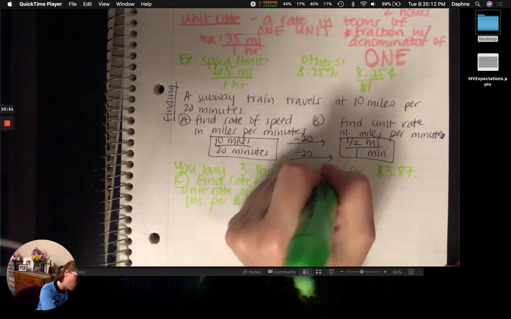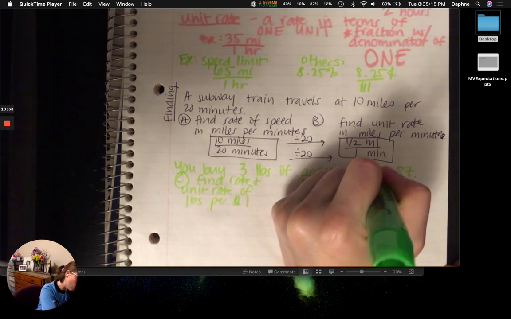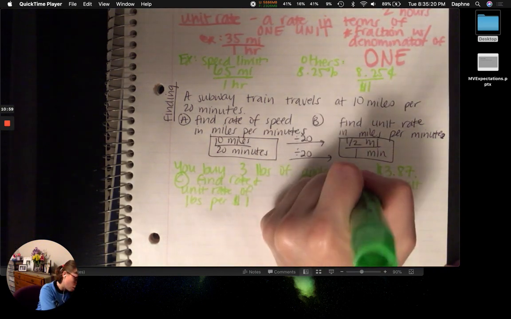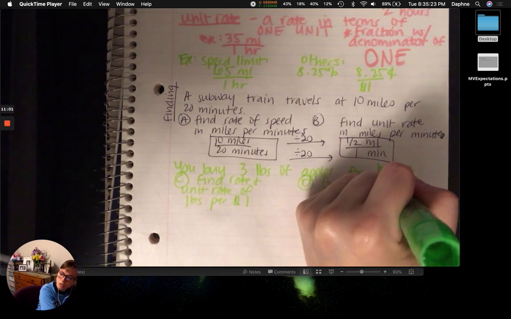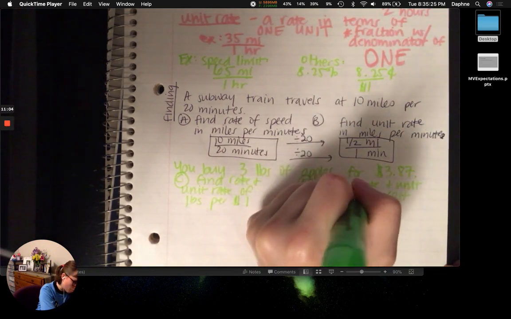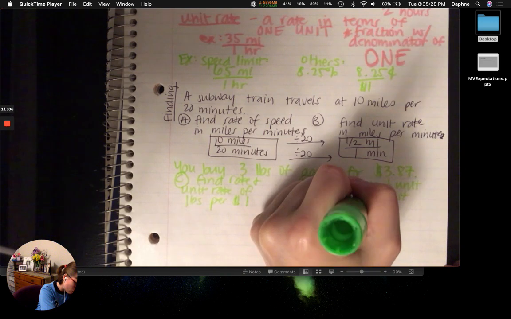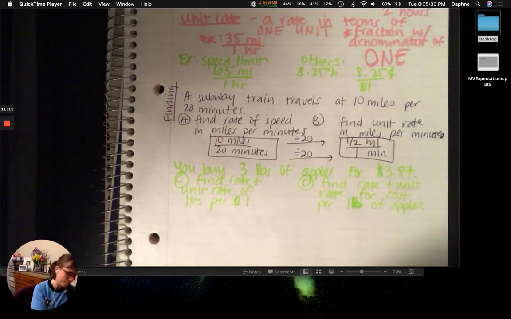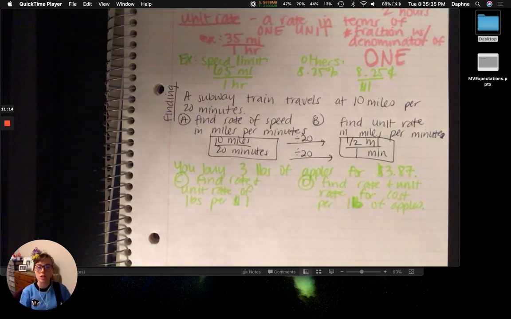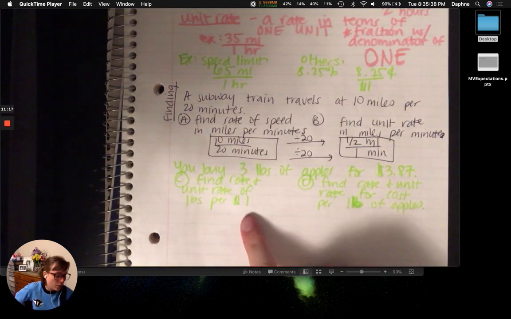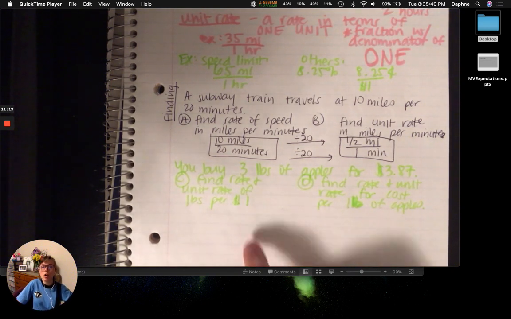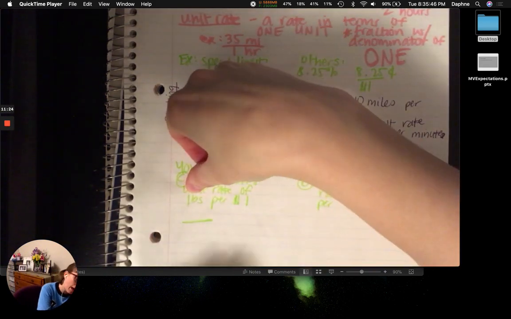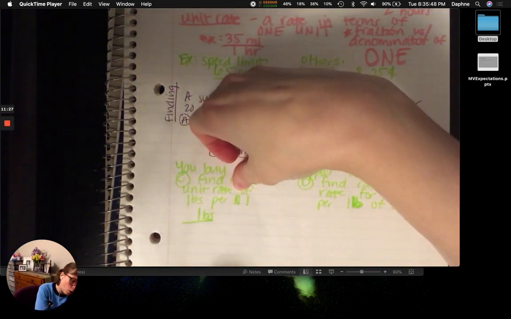And D, I want to find the rate and unit rate for cost per 1 pound of apples. Okay, so pause here, write down those 2 questions, and we'll move on. So finding the rate and unit rate of pounds per $1. That tells me that in my fraction, the numerator has to be pounds, and it's per $1.